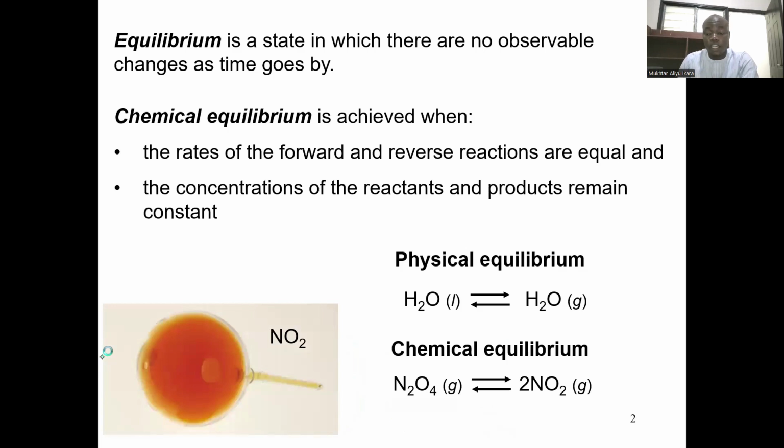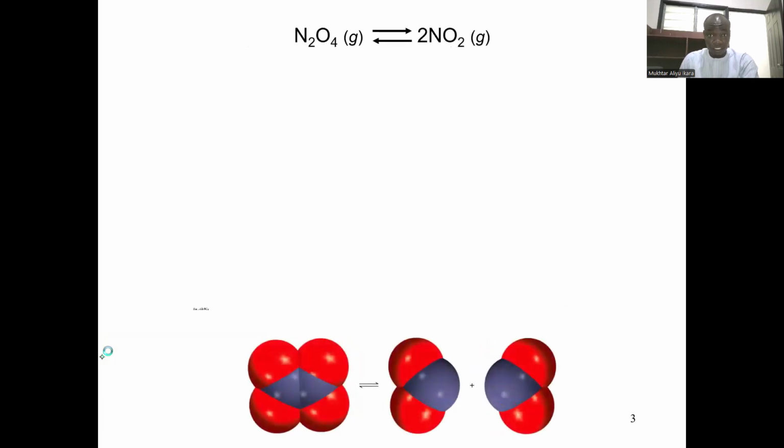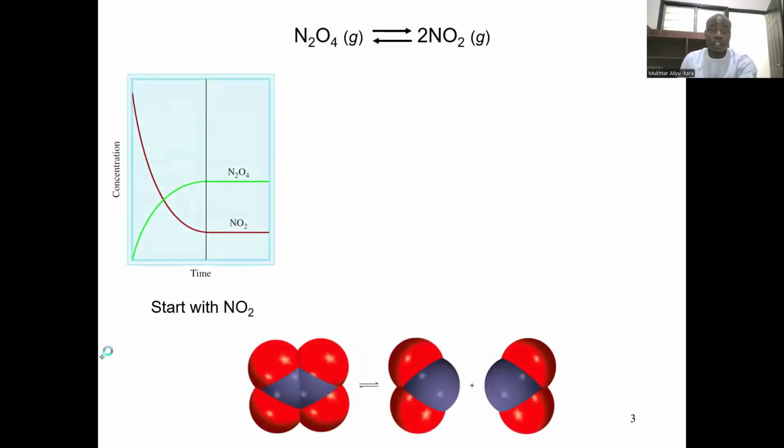So this is a chemical equilibrium. At the same time, dinitrogen tetraoxide reacts to produce nitrogen dioxide, and nitrogen dioxide reacts to produce dinitrogen tetraoxide, because we have a reversible reaction. So both the forward and the backward reactions are the same.